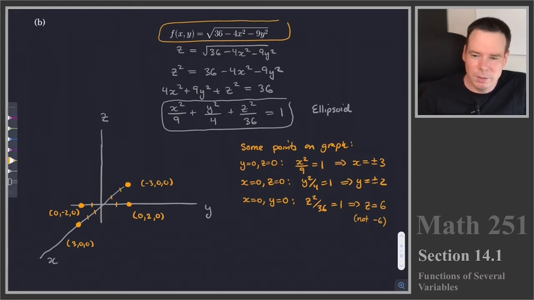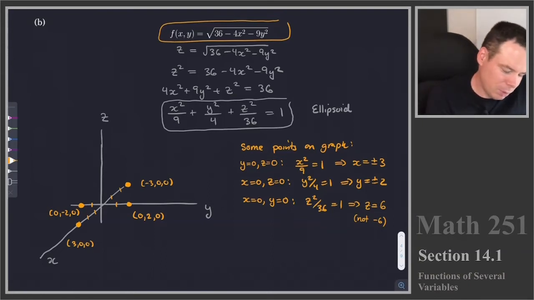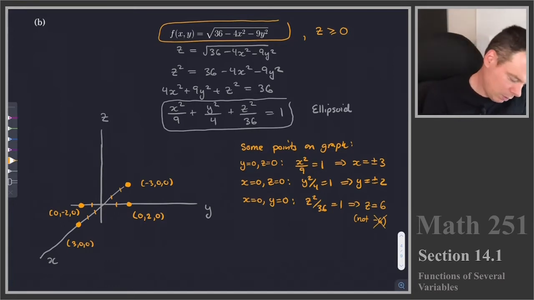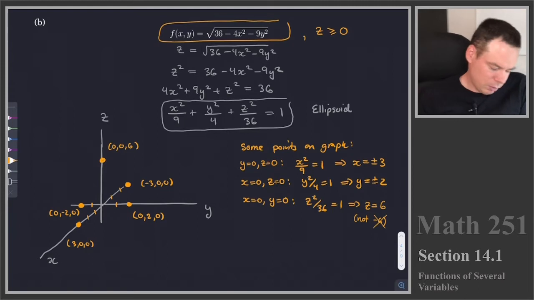And the output, when we take any xy value and plug it in, as long as it's in the domain, is going to be positive because it's the positive square root of that expression. So from this, we have that z has to be bigger than or equal to 0. That's why I'm excluding negative 6. I can't use negative 6. My z values have to be positive. And so we're just up here at 0, 0, 6. So there's another point on it.